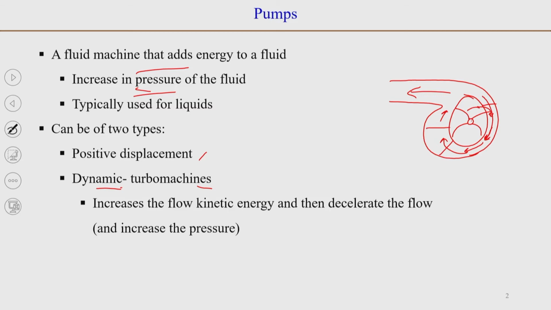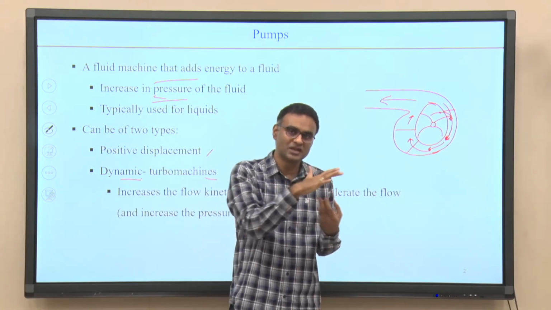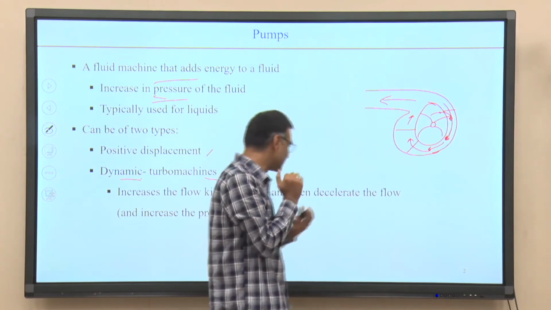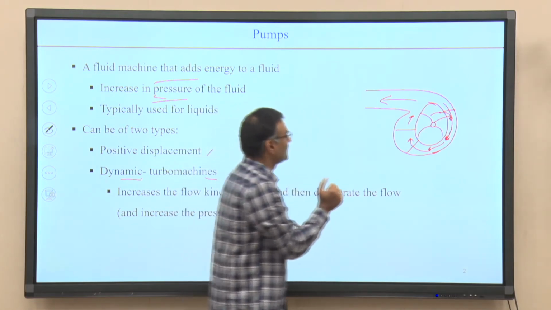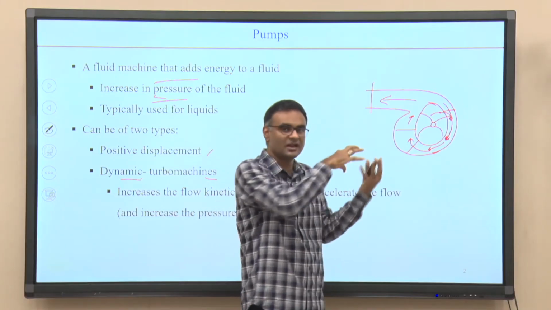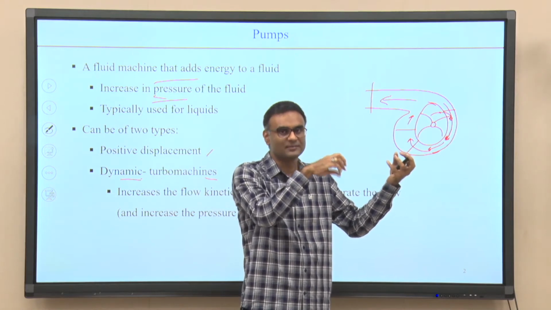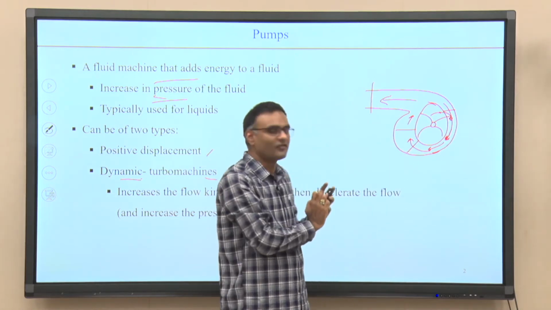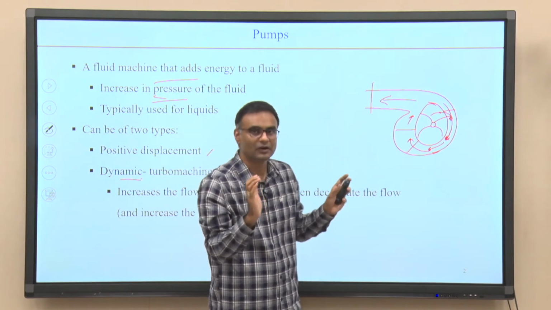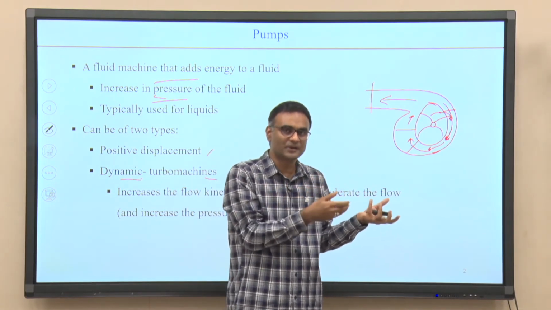So, the fluid starts decelerating, and when the fluid decelerates, the velocity decreases and its pressure increases. Eventually when it comes out, the velocity of the fluid is the same as that at which it entered, if the inlet and outlet cross sectional areas are the same, or at least the flow rate of the fluid is the same at the inlet and outlet, because the fluid is a liquid, which is incompressible.